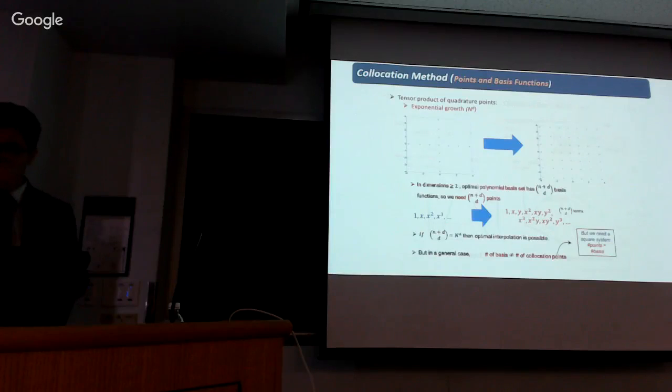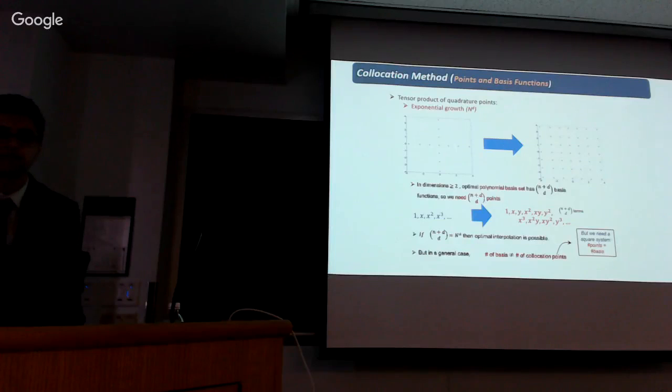Another choice is using the standard set of polynomial basis functions. Again, for choosing the quadrature points, I have exponential growth in multidimensional systems. If I have 7 points in each direction, in 2 dimensions I will have 49 quadrature points.